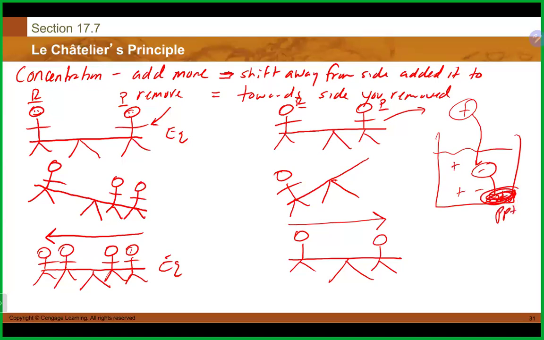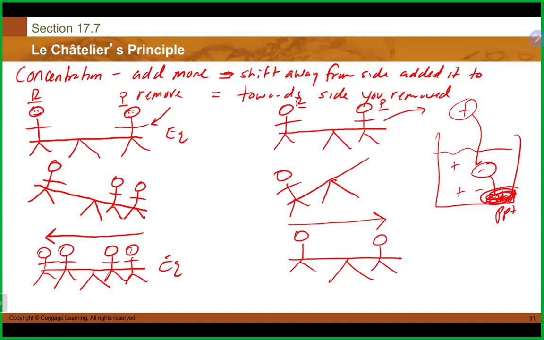That would be one way you can go into a solution and remove something: add something that's not in the reaction but will react with something that's there, to make a precipitate, which is very common.